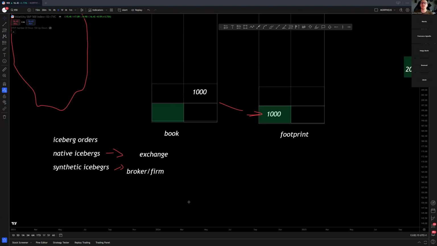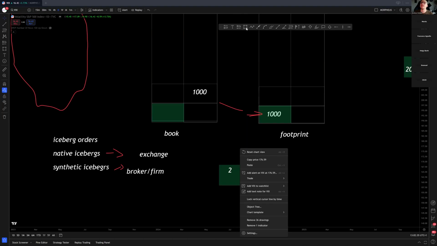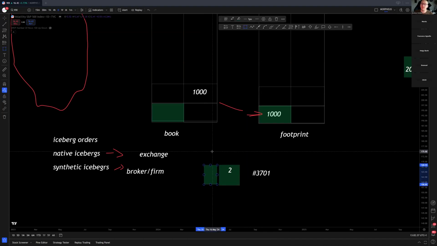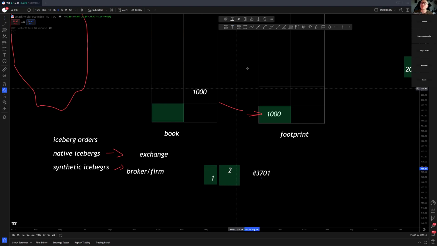So for example, I could place one order for 2 contracts, and let's say this order ID is 3701. Then maybe I'll place another order for 1 contract, and that will have another order ID, which could be 3702, sorry.